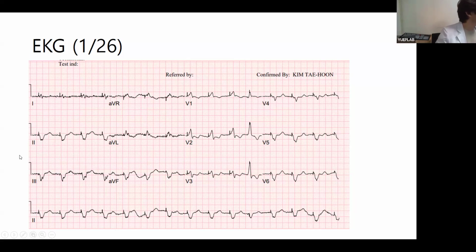So I think it may be in the posterior branch or maybe in the MTB, MCV, MCB. So I think it is not an ideal position, and the heart rate is a little bit fast.